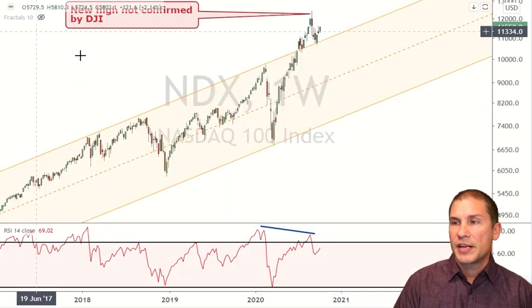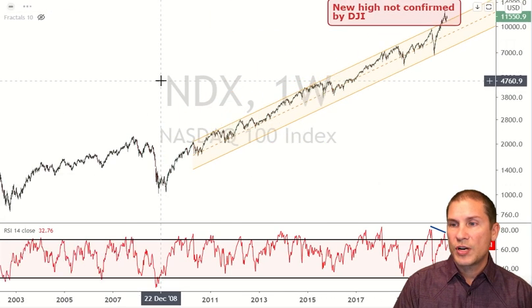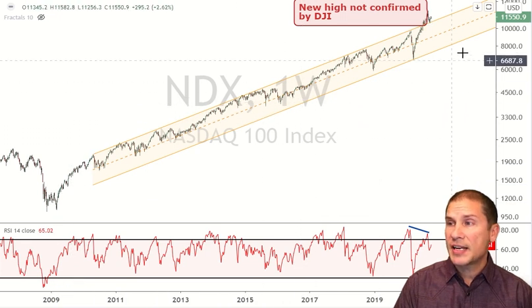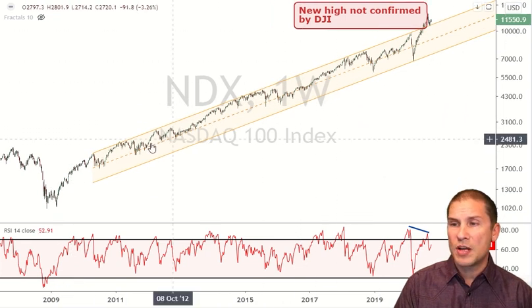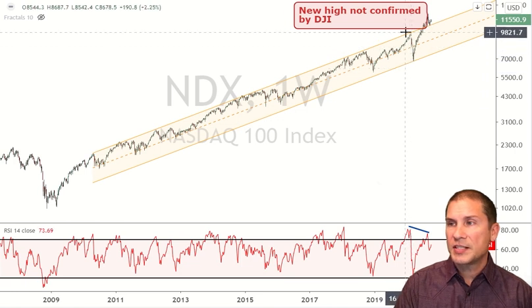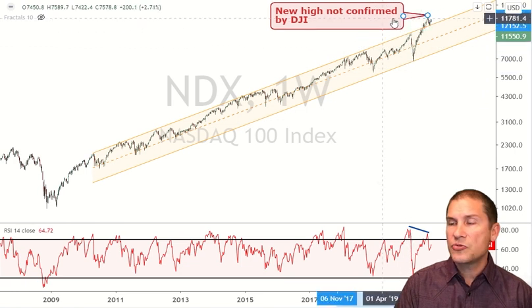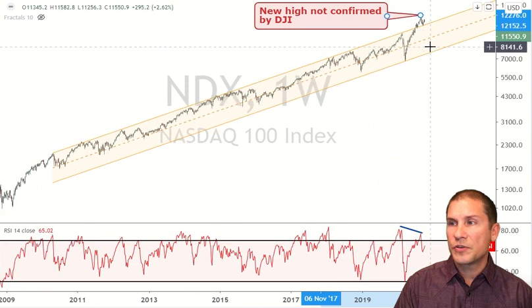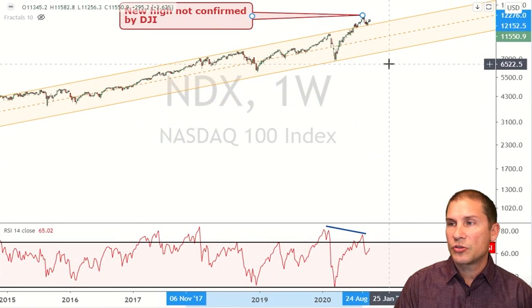Again, going back to the trend that began in 2009, notice how Nasdaq has been conforming very well into this price channel to the upside. Recently, this new high that we saw was not confirmed by the Dow Jones Industrial Average.